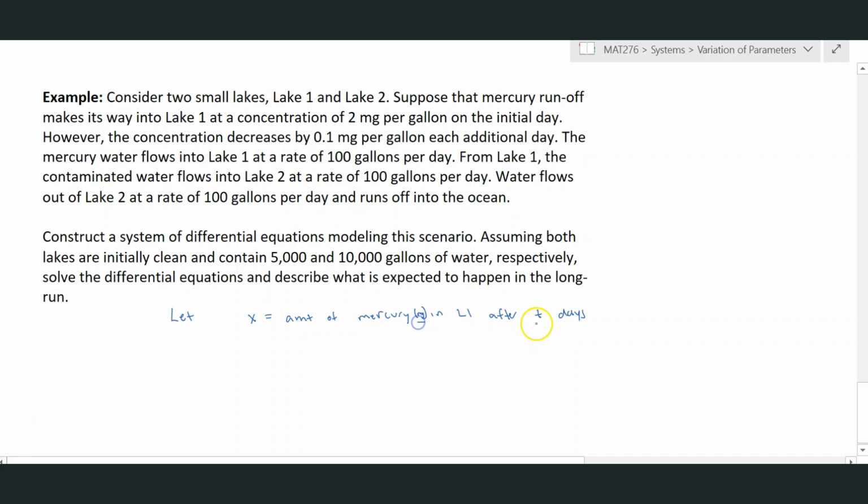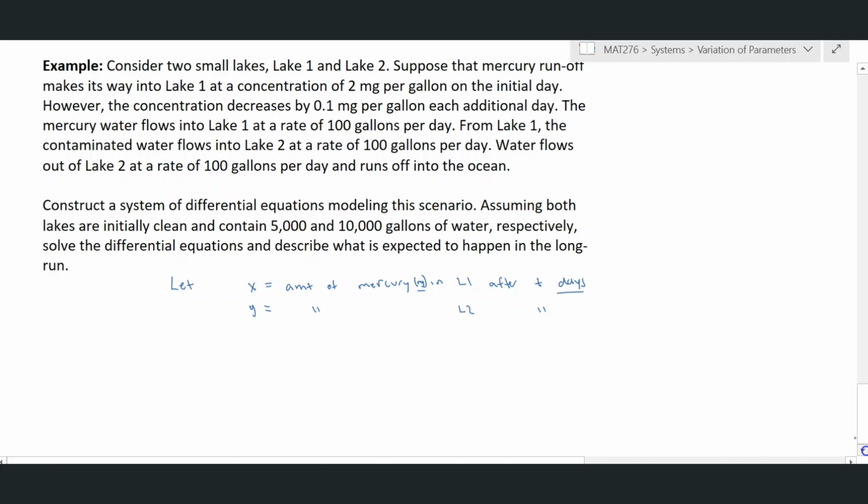This is going to give us the units of our differential equation, which will be in milligrams per day for X. For Y, we'll do the same thing. It's just going to be for Lake 2 after T days. So we want our units to be in milligrams per day. It's something to keep in mind as we construct our model here.